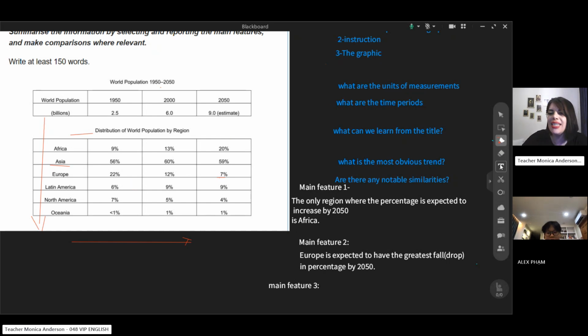So we can say that main feature 3. The only, again, the only, because we don't have any other region similar to Asia.